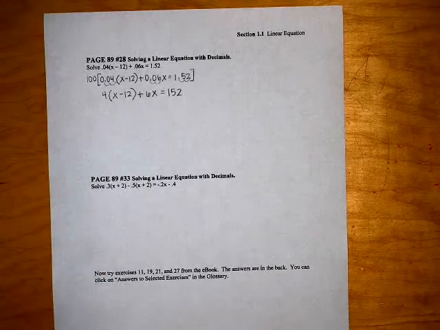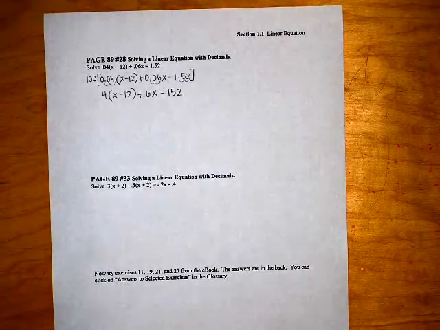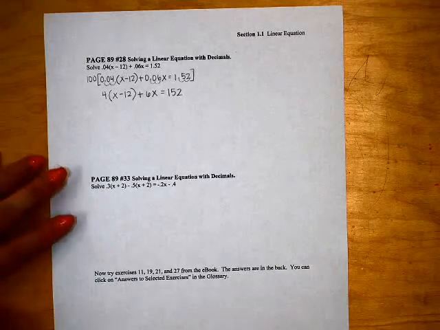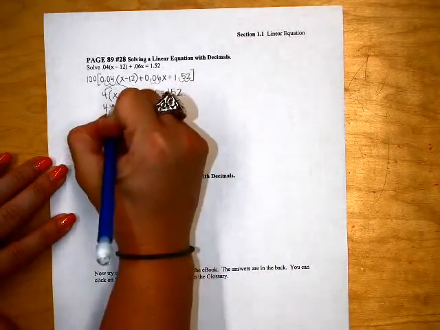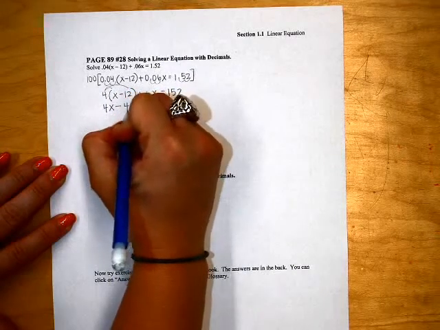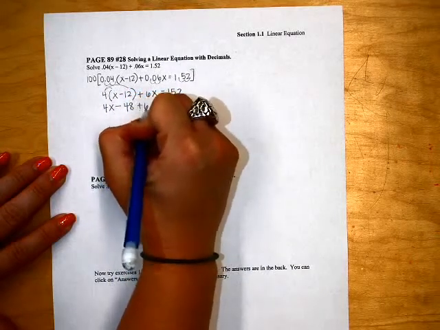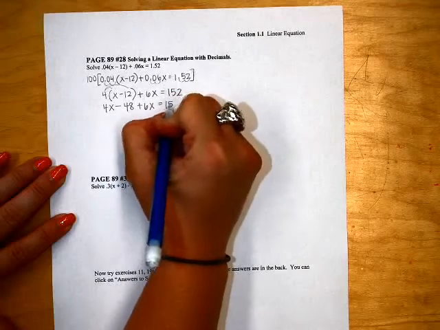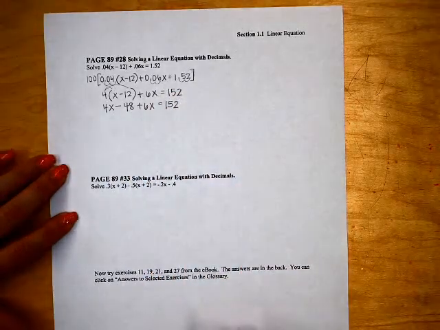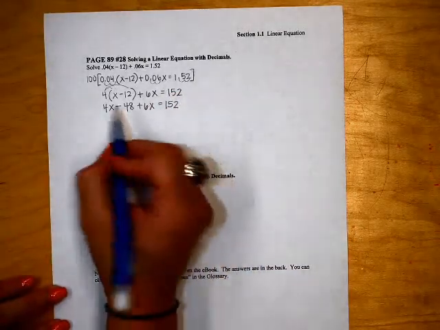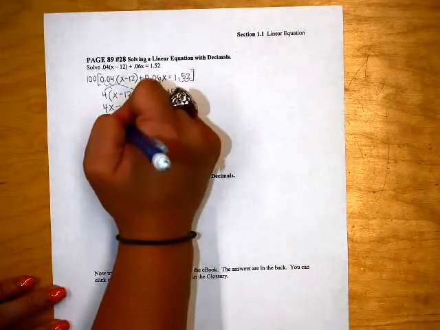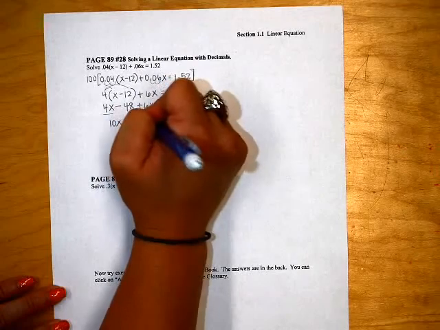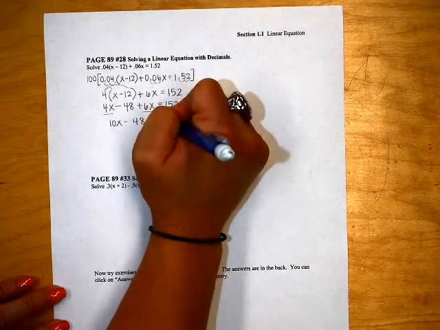Again, once our decimals are gone, then you can solve this just like you would any other equation. So we would go to our next step, which tells us to distribute. That gives us 4x minus 48 plus 6x equals 152. Combine your like terms on the same side. That's 4x and 6x. So we have 10x minus 48 equals 152.